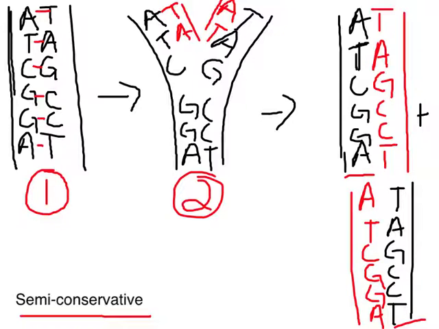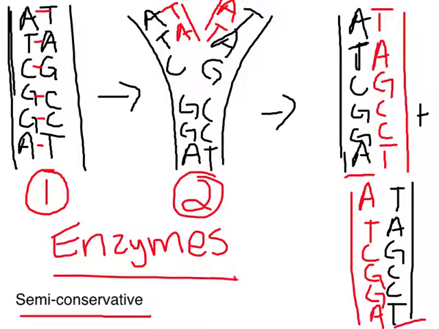Also, remember what I said before. Even if it is not explicitly stated, everything inside of cells is controlled by enzymes. So everything here is being done by enzymes. The unzipping process that takes place at 2 and 3 is enzymes. Enzymes are filling in these new nucleotides that you see on the new molecules.